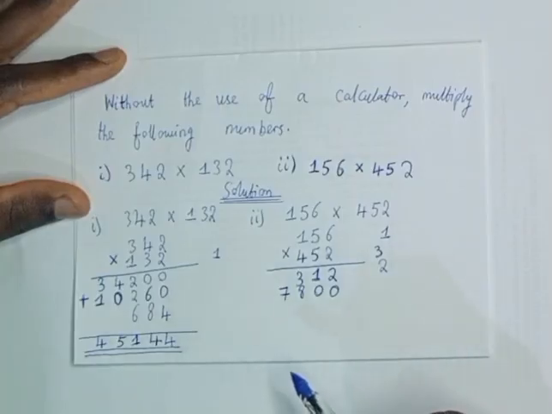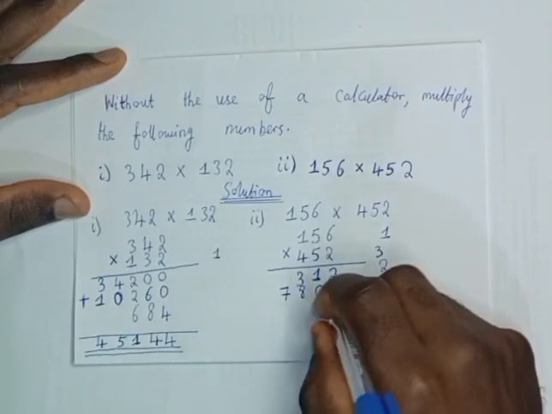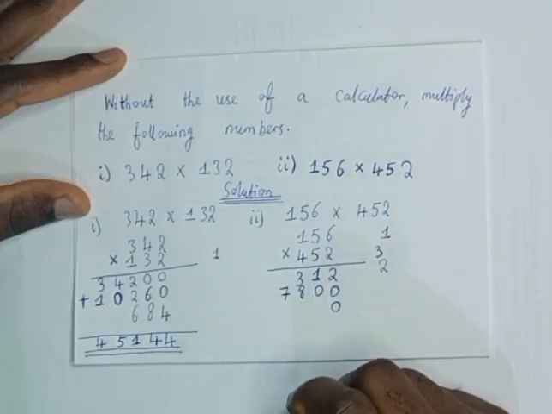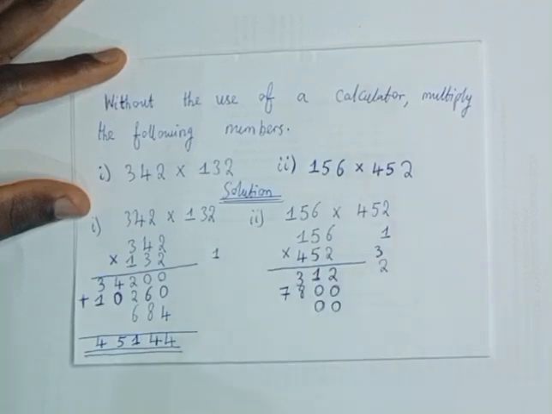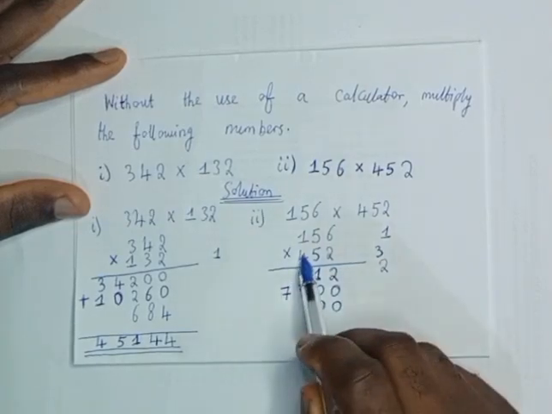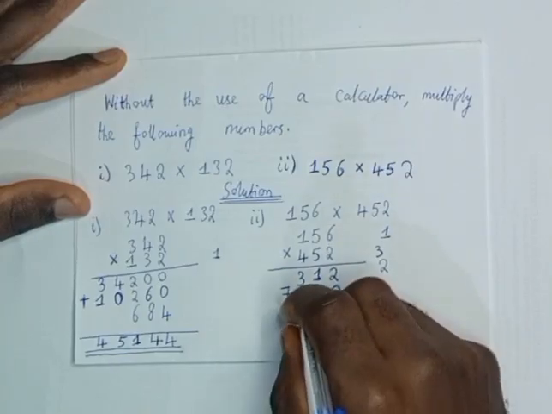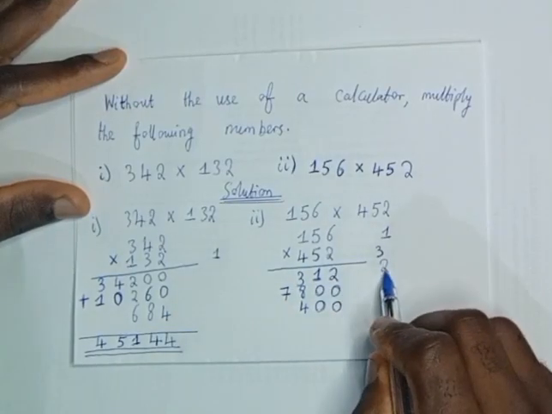We move now to the next digit, which is 4. 4 has a place value of hundreds. We are going to fix a 0 under the place value of units, and we fix a 0 under the place value of tens. 4 times 6 gives us 24. We are going to write down 4 at the next higher place value. Then we carry the 2.